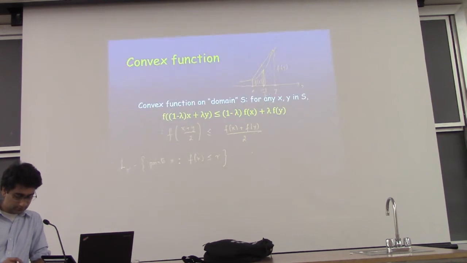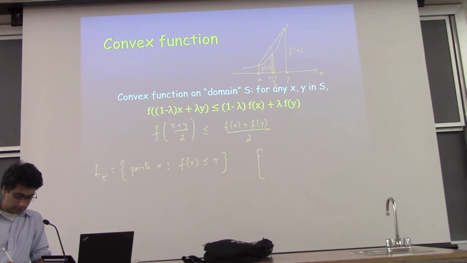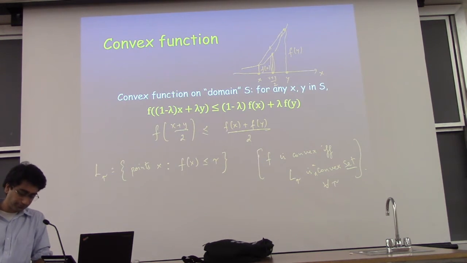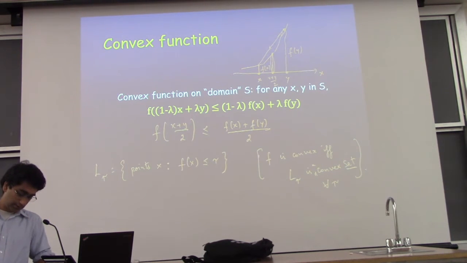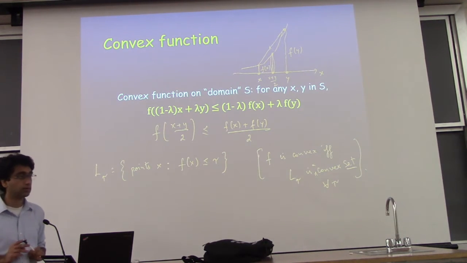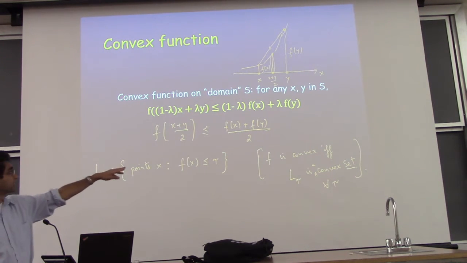So L sub tau is a convex set for all tau. So this is nice. Any questions about this alternate definition?